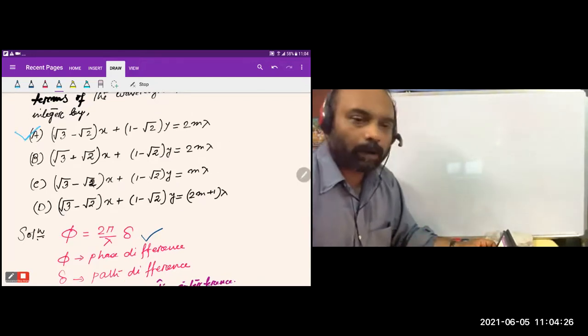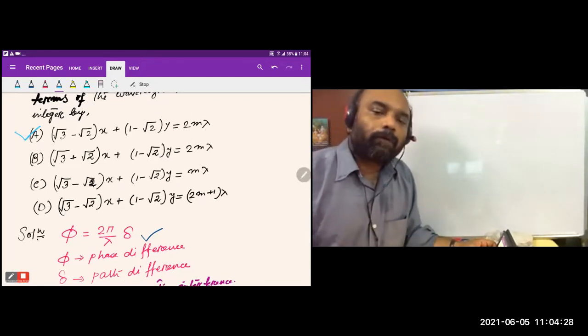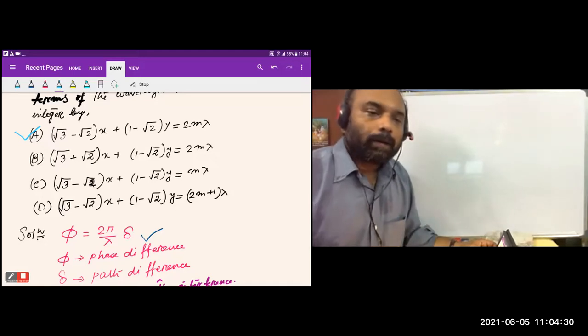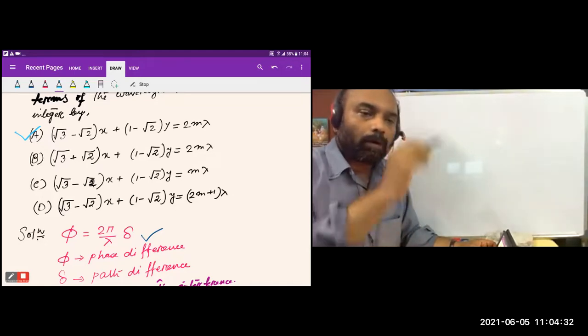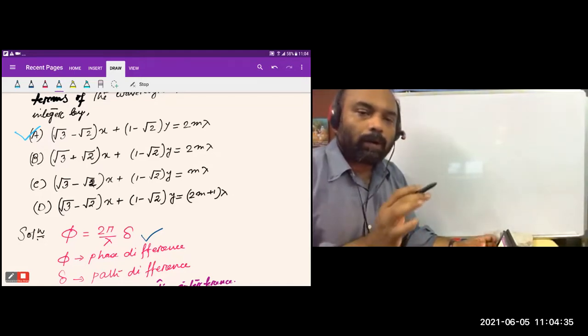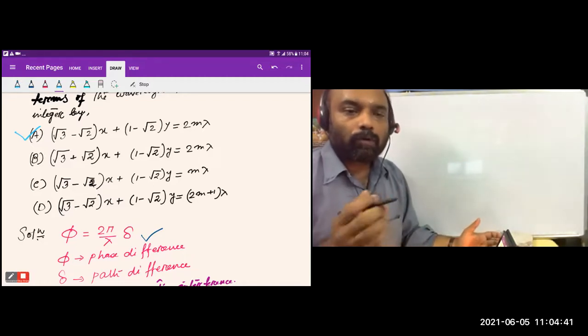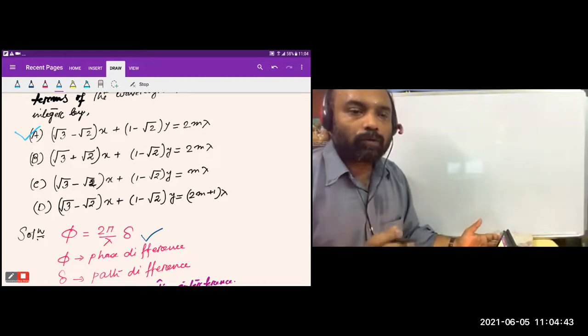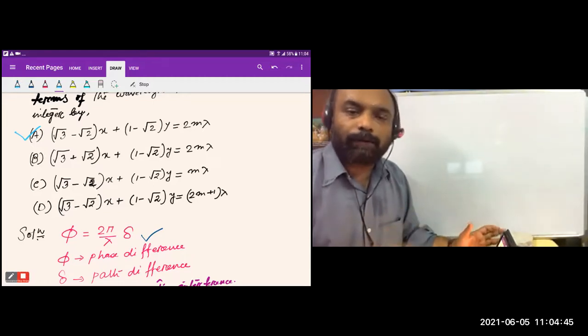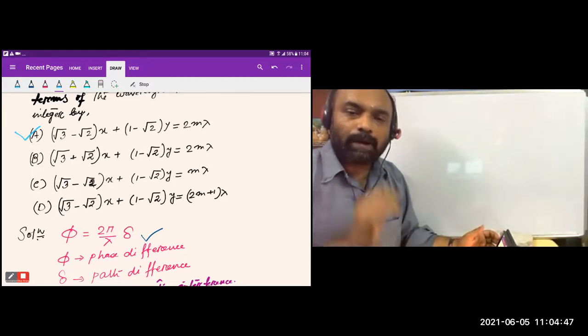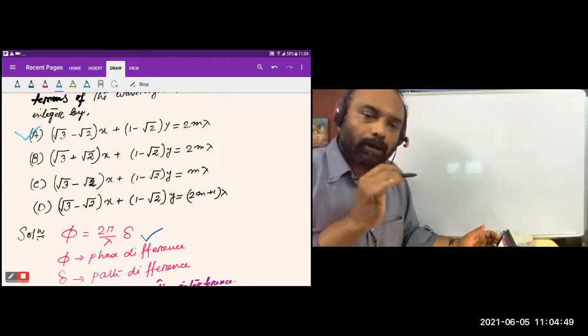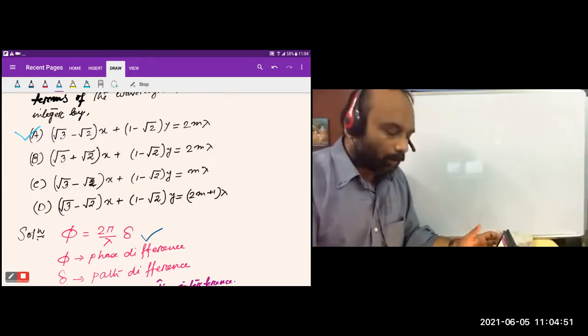See, while doing this problem, you have to be very careful with the mathematics. In all the four options, you have only plus minus differences: root 3 minus root 2, 1 minus root 2, then root 3 plus root 2, then 1 minus root 2, and so on. So even a slight mistake will give you the wrong answer.